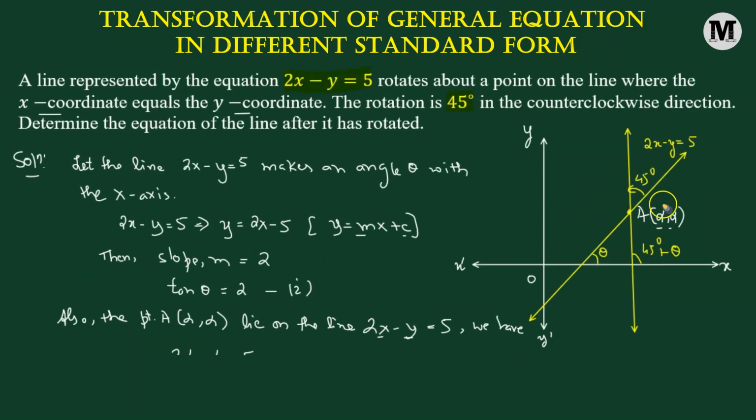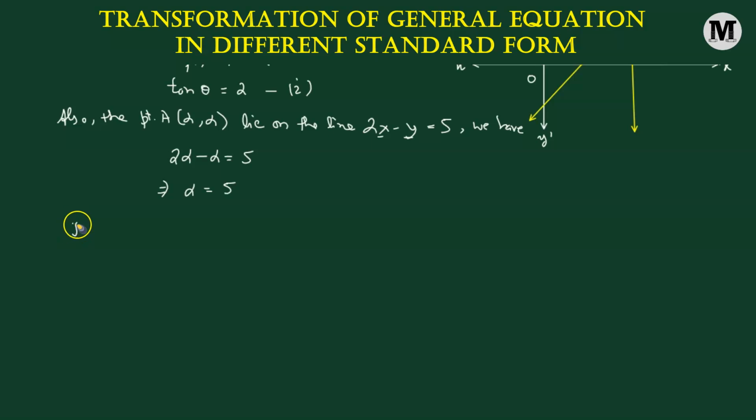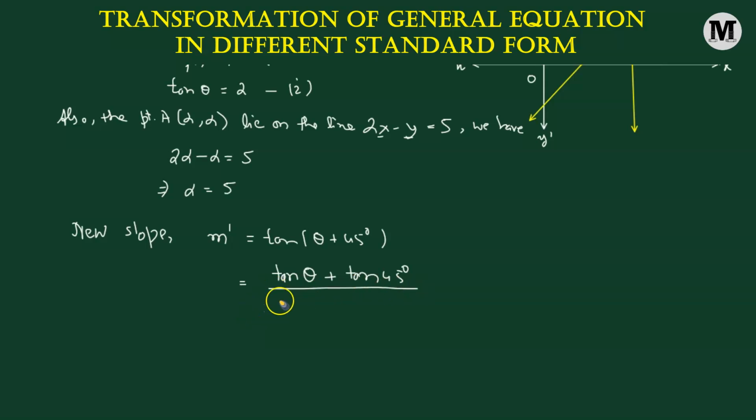Now let's find the slope of the line 2x minus y equals 5 once it gets rotated by 45 degrees. The new slope is defined as m prime, which equals tangent of theta plus 45 degrees, since initially the angle was theta and we have rotated it by 45 degrees anticlockwise. Expanding tangent of theta plus 45, we get tangent of theta plus tangent of 45 degrees, whole divided by 1 minus the product of tangent of theta and tangent of 45 degrees.